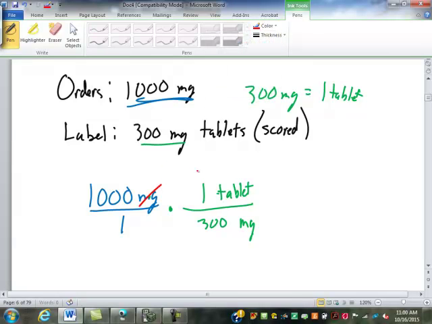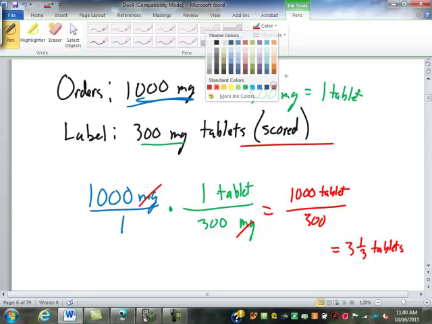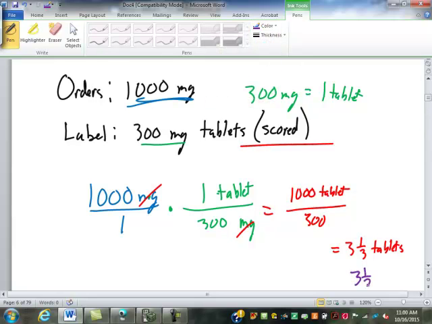So the milligrams cancel. 1,000 times 1 tablet is 1,000 tablets. 1 times 300 is 300. We divide that out, and it is 3 1/3 tablets. Scored, so we round to the nearest half. 3 1/2 tablets. If nothing else, it's good to see we get the same answer with all 3 methods, right?